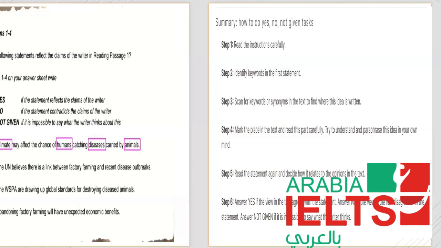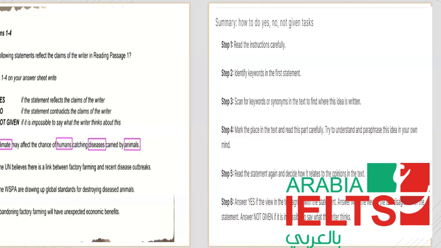One of the tricks to try to trick you in the IELTS is that there are a lot of keywords that match your paragraph very well, but there are specific small words that change the meaning. So don't think that, okay, I have similar keywords, it means the answer is yes.